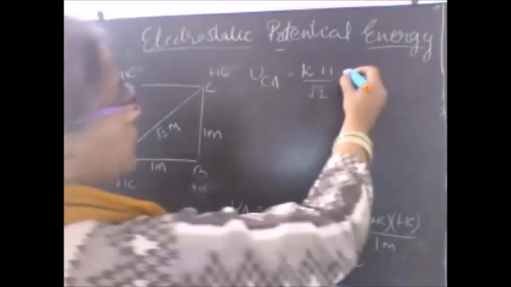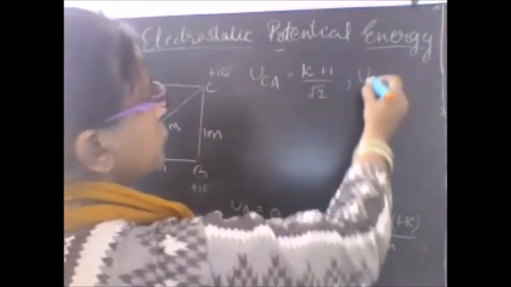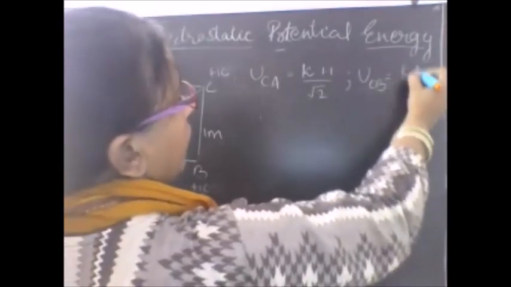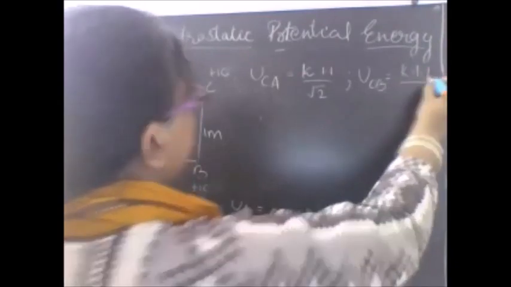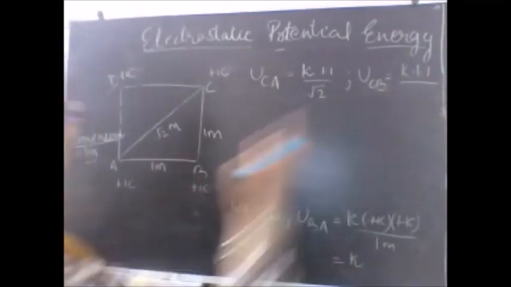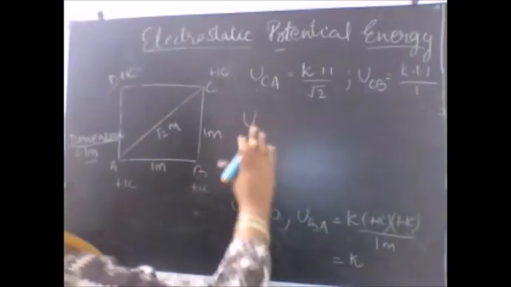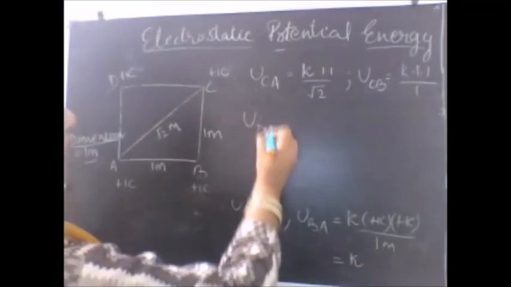What about the next term, UCB? UCB will be K 1 into 1 divided by the distance between C and B, which is 1 meter, divided by 1. Now the next term is UDA.